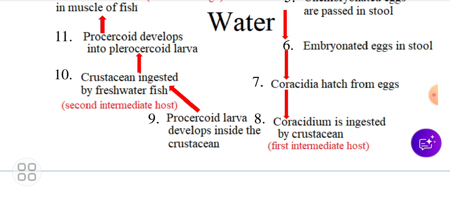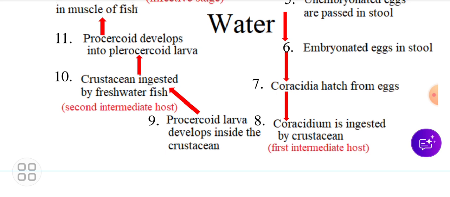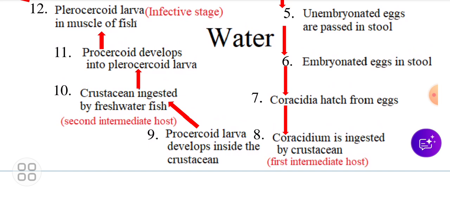Inside the crustacean, the coracidia develop into procercoid larvae. And then the crustacean containing the procercoid larvae may be ingested by freshwater fish. The freshwater fish is the second intermediate host.